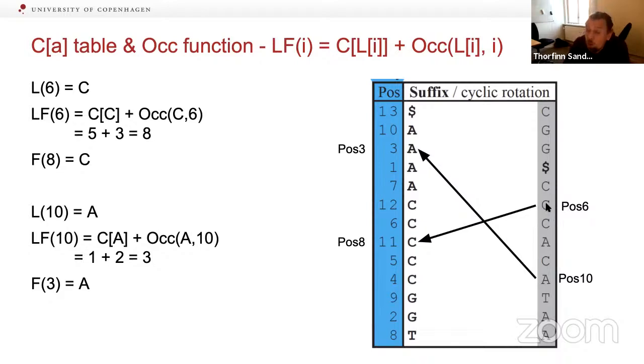We know that this C should correspond to one of these C's, and we need to figure out that it belongs to this one, but we don't really care about this exact one. We just need to know the row number, because if we have the row number, then we know what follows before the C. So the FM indexing is a mapping from one row to another row that tells you which the preceding character should be.